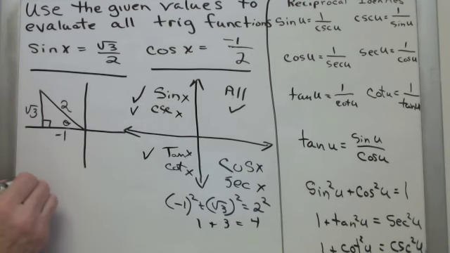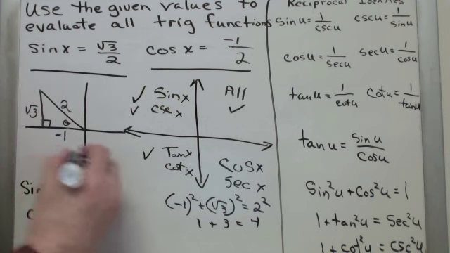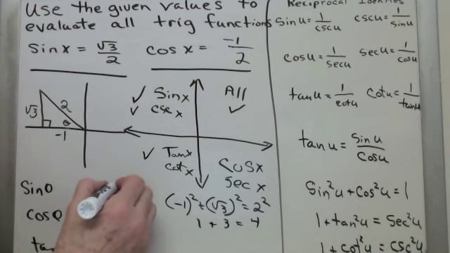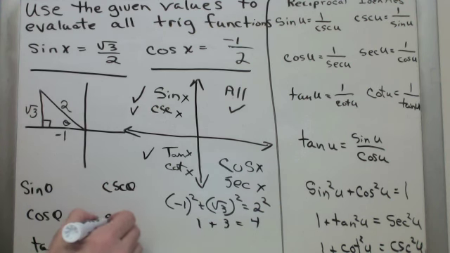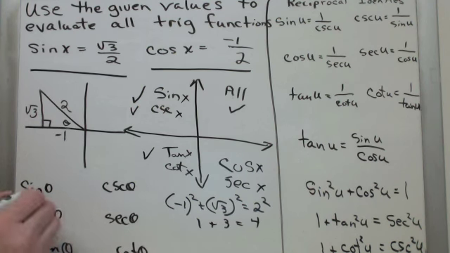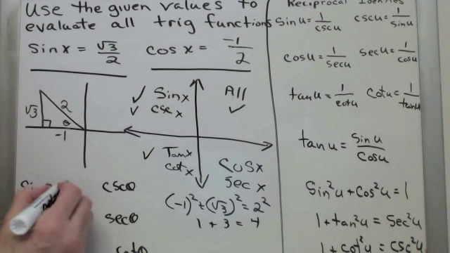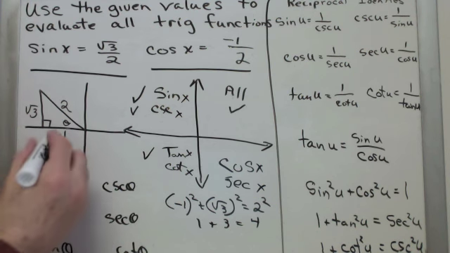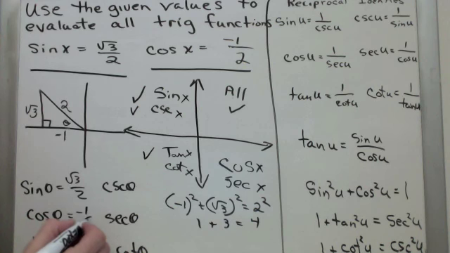So now I can get all the trig functions: the sine of theta, cosine theta, tangent theta, and then the reciprocal functions, cosecant theta, secant theta, and cotangent theta. The sine, root 3 over 2. The cosine, negative 1 over 2.